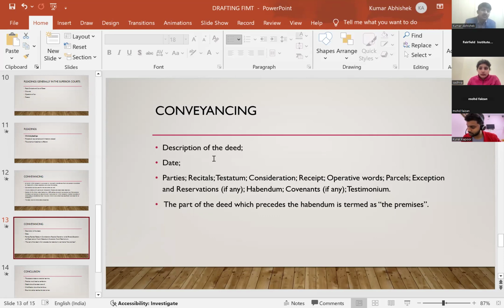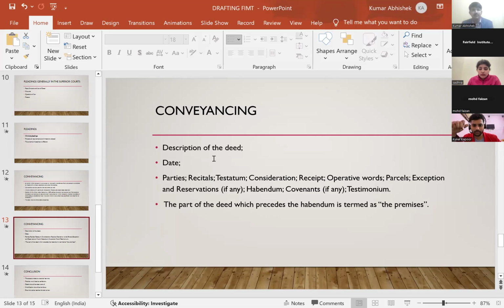If a transaction is taking place, there must be certain consideration on the basis of which that transaction is taking place. So that has to be recorded on that document. Then whether that amount has been realized or not, or whether it will be paid afterwards. When has the delivery of the goods or the property to take place?